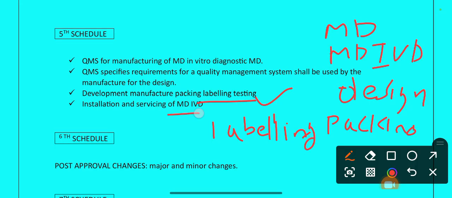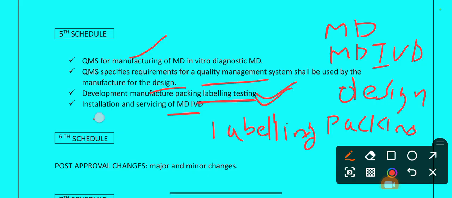All of this in manufacturing a medical device follows the quality management system, which is mainly important. What is the first one? Manufacturing quality management system, which mainly observes quality. Next one is design, and next is packing, labeling and testing.